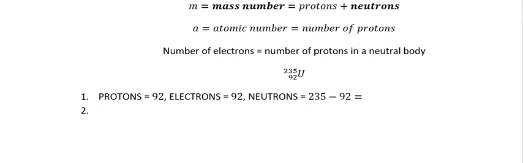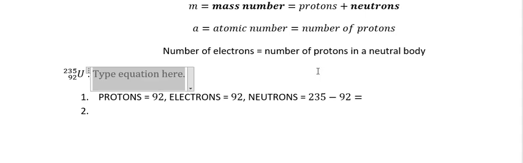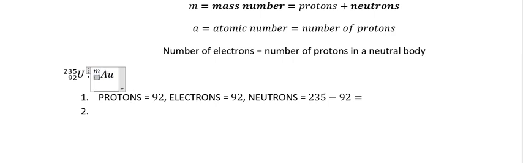Now the second element is gold. That is Au, the symbol for gold. I see here 79, and up here 197. From what I've explained, what will be the number of protons? Protons will be 79.